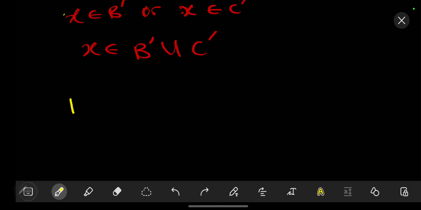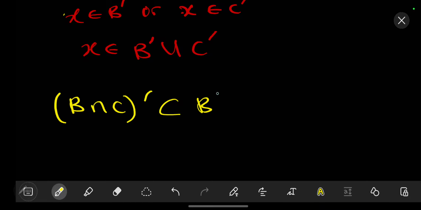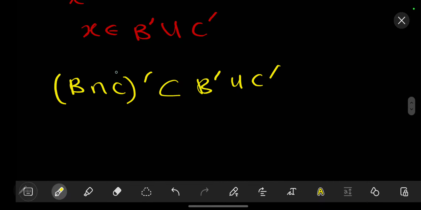So this means that we moved from (B ∩ C)' to B' ∪ C'. So we are going to use the subset, meaning to say (B ∩ C)' is contained or is found inside B' ∪ C', like that. So now we have moved from this to this. Now we need to move backwards from this to this.